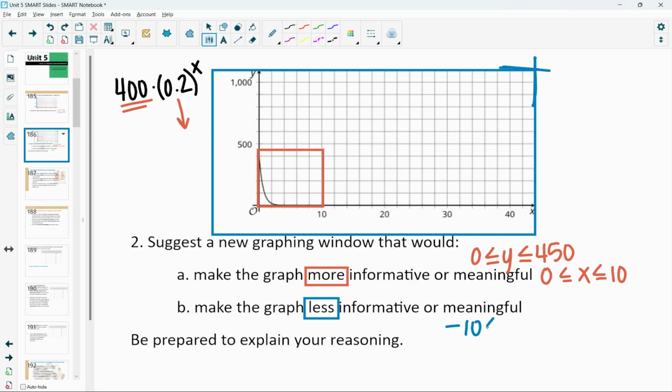So maybe negative 10 is less than or equal to x is less than or equal to 44. So that's not going to make it helpful. And if we added in some negative y values, maybe we dropped to negative 200 is less than or equal to y is less than or equal to 1100. That's certainly not going to make our window any better.